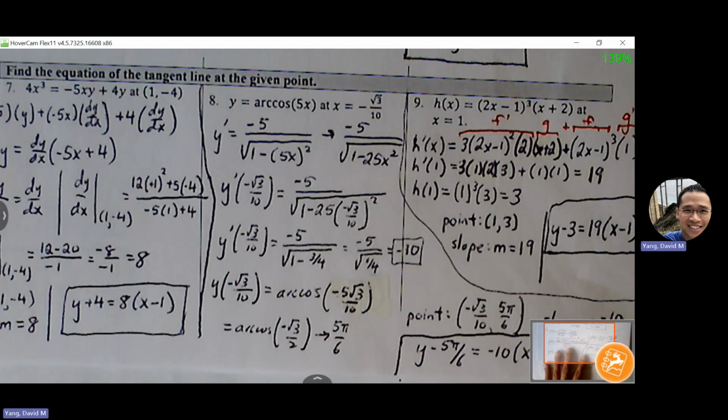Okay, so y is equal to arc cosine of 5x. Okay, I know what my x value is. My x is going to be negative root 3 over 10. Okay, so let's figure out what the y value is. Okay, so I'll insert that in for here. 5 and 10 reduce, there's a 2 in the denominator, negative root 3 over 2.